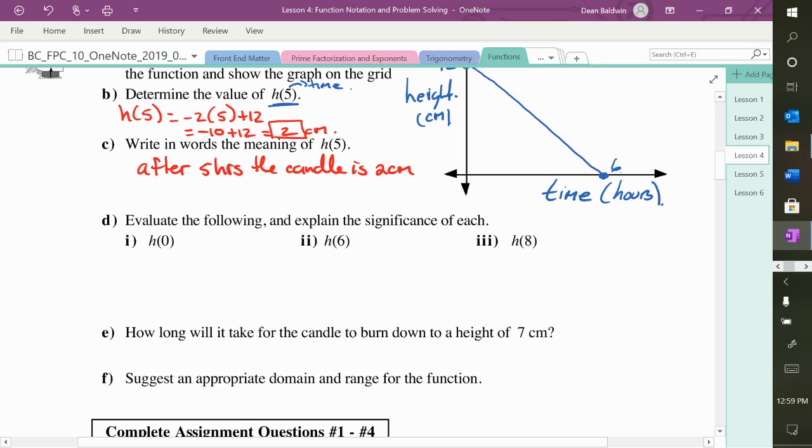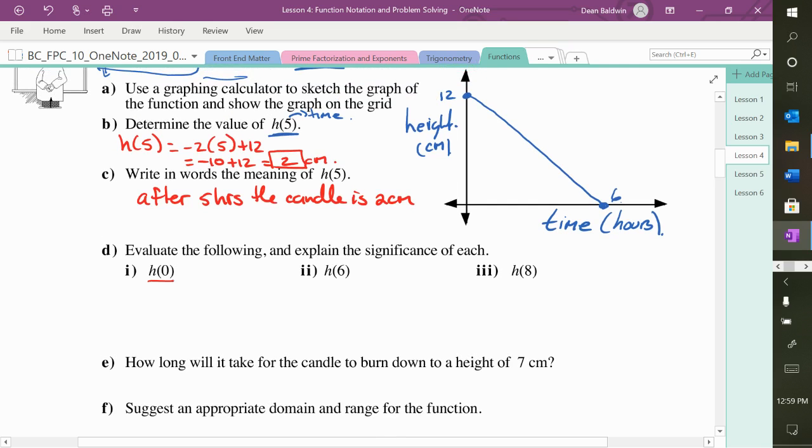Okay. Tell me what each of these values is and what they mean. So, h of 0. What does the 0 represent? The start, because t is equal to 0. Time is 0. So what is h of 0 then? It's 12, right? It's this right here. It's the y-intercept, which means the initial height is 12 centimeters.